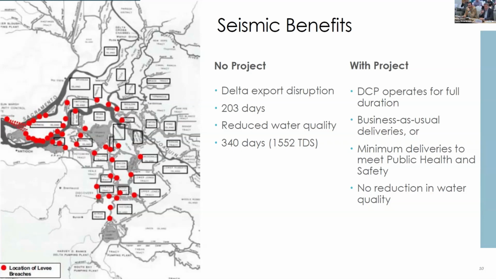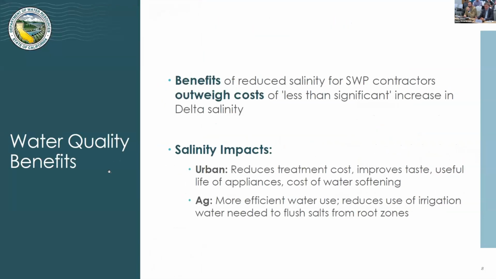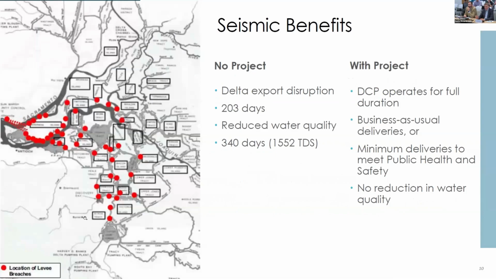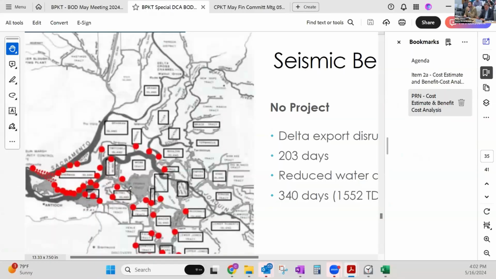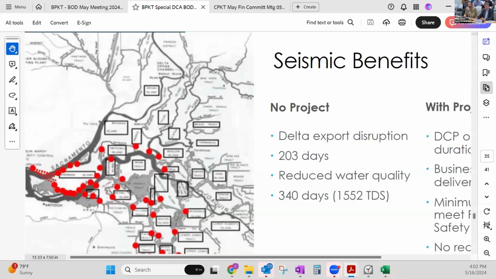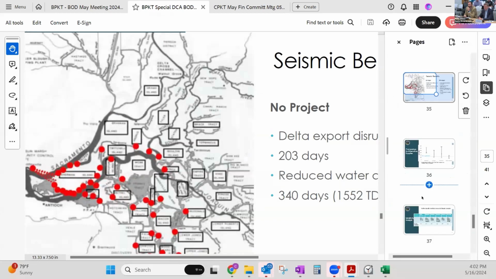Sure. So the way we looked at impacts on agriculture of having the project versus not having the project is, what's the value of the incremental supplies that are going to farmers? And the way we measure that is to try to model out what farmers would be willing to pay to get those acre feet back. Now, you're right.